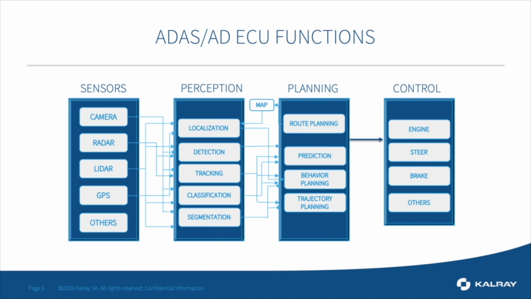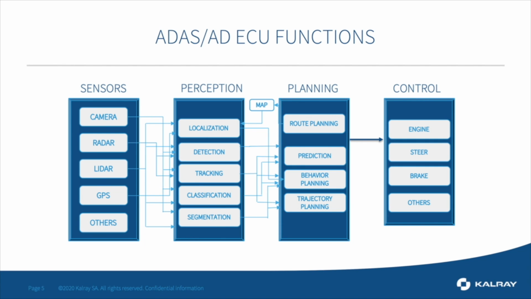Here, the ECU needs more capability of computing mathematical functions. We are talking about computing matrices in order to identify the best path possible. So that's the path planning.